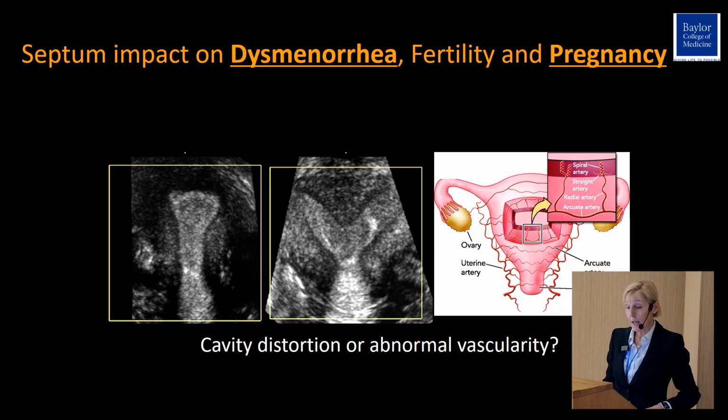And then also for dysmenorrhea, which is a very underrated symptom of these subseptations, that is basically the contraction of the uterus and the cramping that happens during menstruation that causes the excessive pain for these patients.